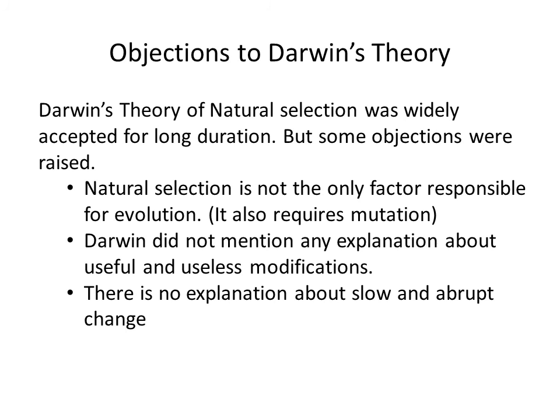And third one is there is no explanation about slow and abrupt change. During the natural selection process or evolution, Darwin did not explain anything about the change occurring in the organism, which is slow or abrupt.